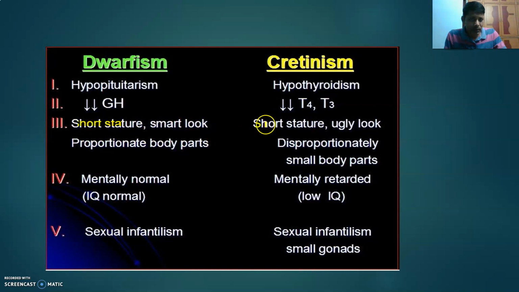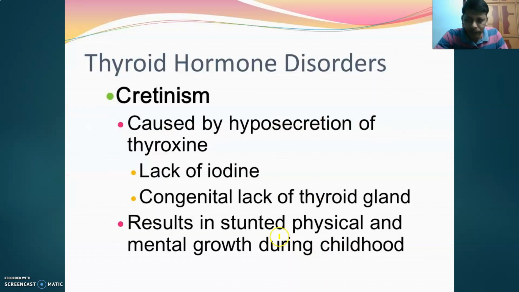In dwarfism there is a smart look and proportionate body parts, mentally normal with normal IQ, and sexually normal. In cretinism there is an ugly look, disproportionately smaller body parts, mental retardation, low IQ, small gonads and sexual infantilism, and they are sterile.